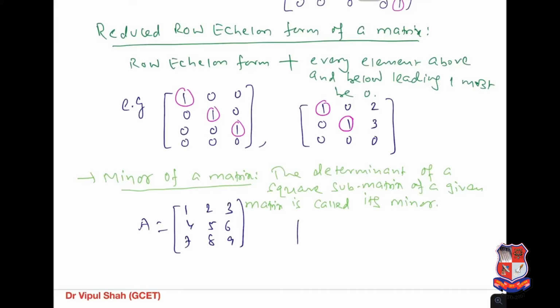If I write the determinant 1 2, 4 5, that is a minor, and the value of this determinant is 5 minus 8, so minus 3. That is a minor.